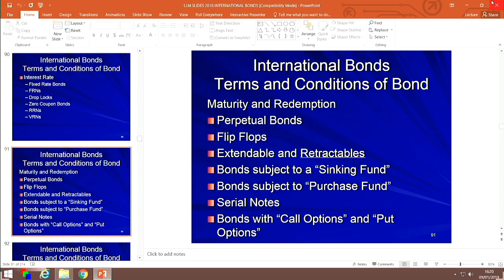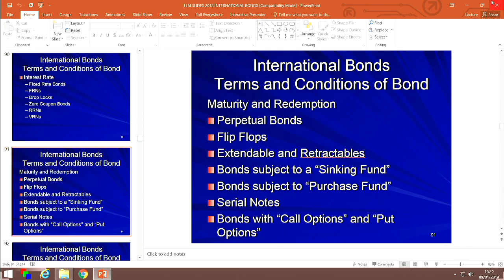A bond with a call option contains a redemption clause which says the issuer is given a right, not a duty or an obligation, to redeem up to 30% of bonds in year 5, 10% in year 6, and 10% in year 7, and so on and so forth. It's an option to redeem up to that specified amount.